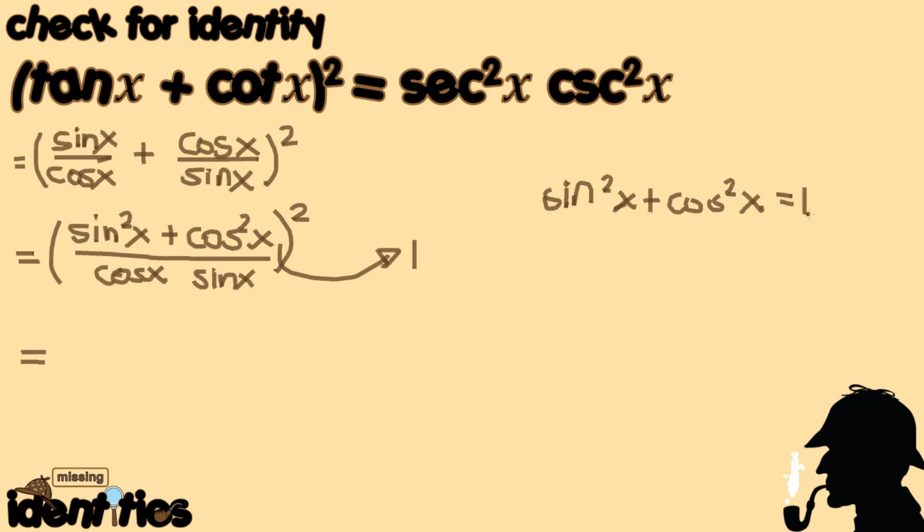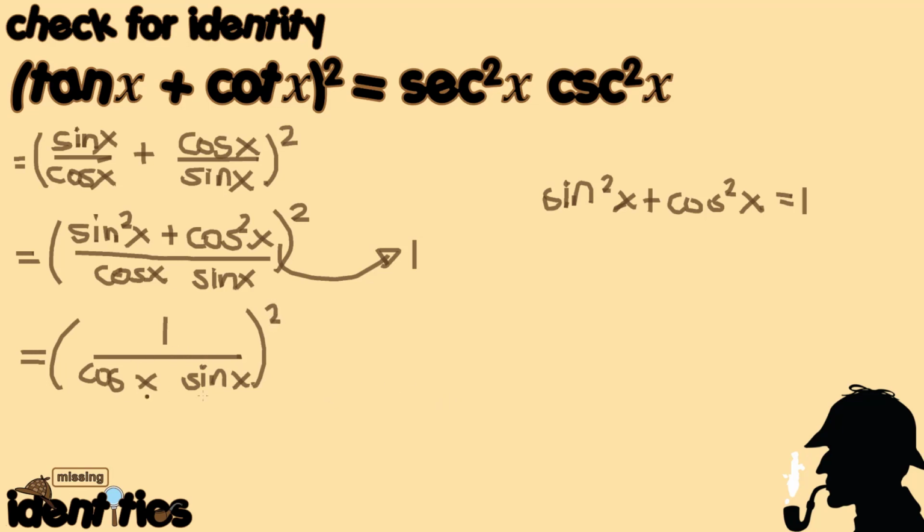There are 3 Pythagorean identities, but this is the simpler, and we know that to be equal to 1. What happens here is you will have now 1 over your entire denominator, cosine x and sine x. This is still under the exponentiation.